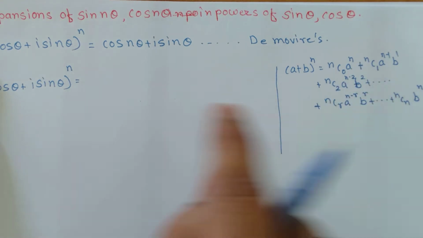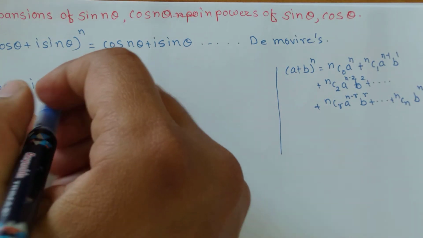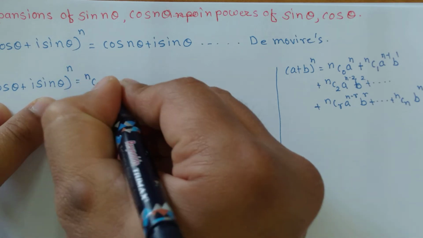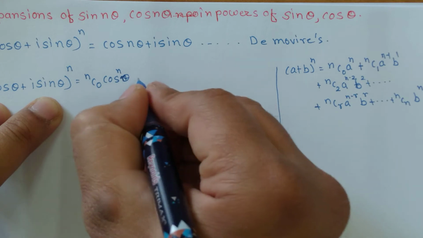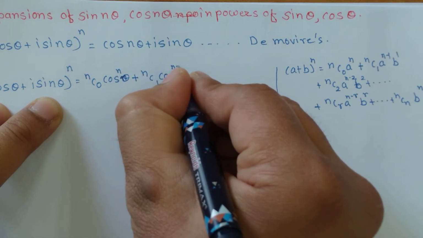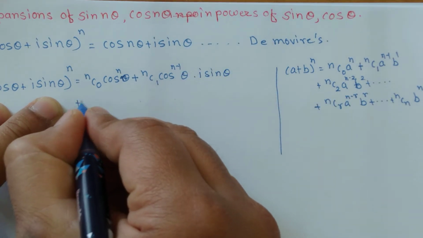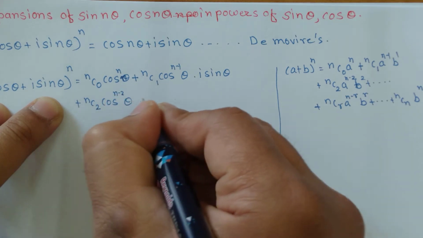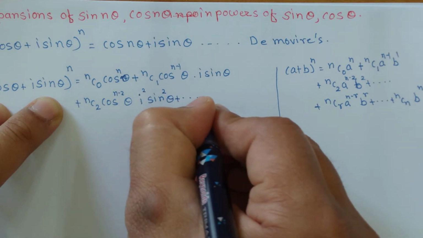By help of this, we would like to expand this particular term. Hence (cos theta plus i sin theta) raised to n will be n choose 0 cos raised to n theta, plus n choose 1 cos raised to n minus 1 theta into i times sin theta, plus n choose 2 into cos raised to n minus 2 theta into i square sin square theta, plus and so on.